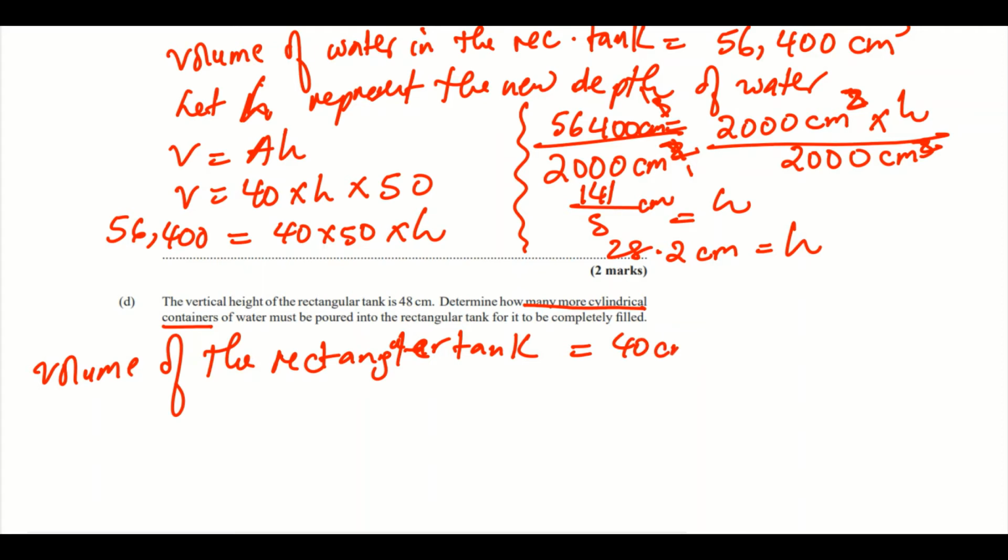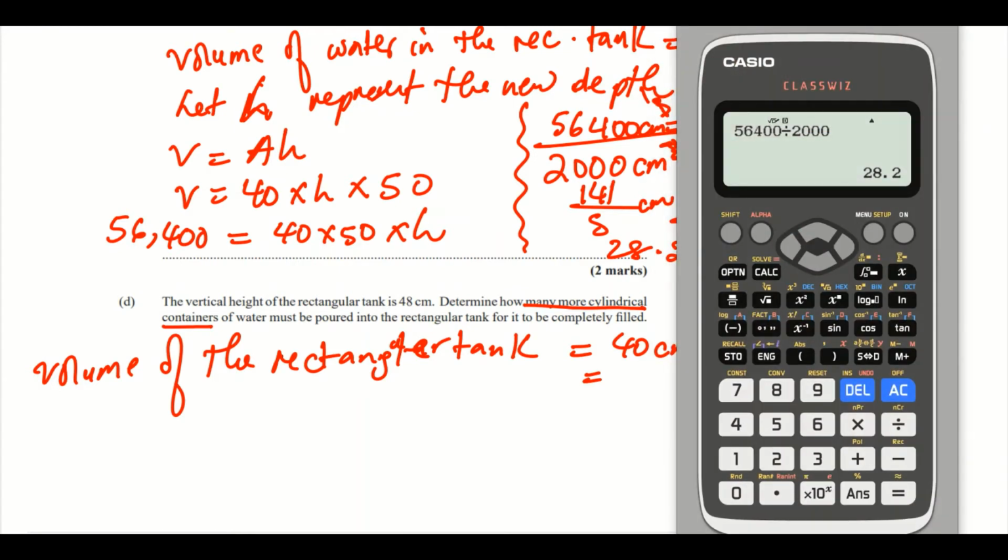So we have 40 centimeter times 50 centimeter times 48 centimeter, and that gives me, let's do it quickly on the calculator, 40 times 50 times 48, and that gives me 96,000.